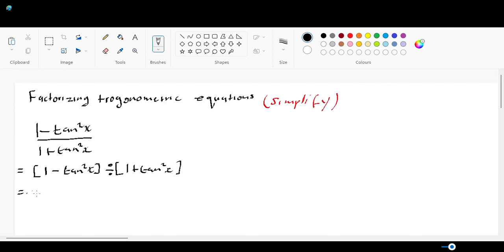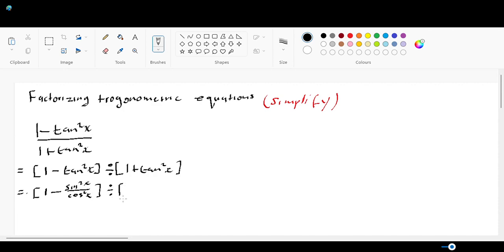I have to change the trigonometric ratios. I can use the quotient identity for tan. We know that tan squared x is the same as sine squared x divided by cos squared x. Right, you can do the very same thing this side as well.